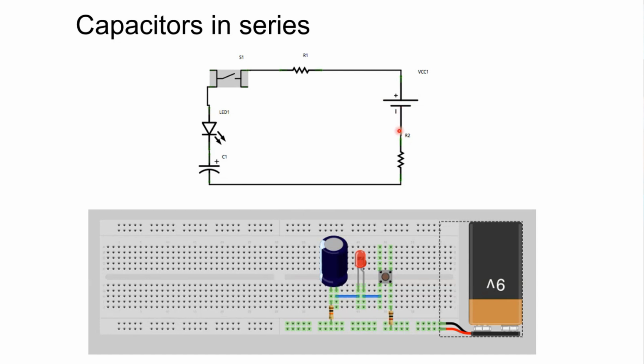Suppose this line is not there, and I just kept this resistance floating, then nothing will happen because the circuit is not complete. Whenever we make a circuit, we have to make sure it starts from the positive, goes via the components, and reaches back to the negative of the battery or the power supply.